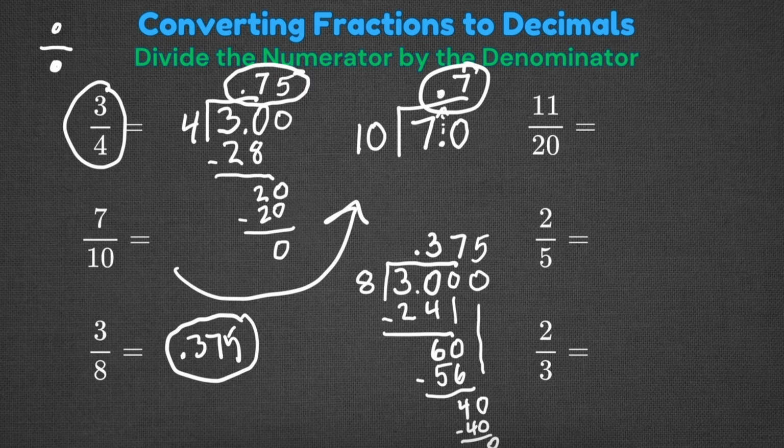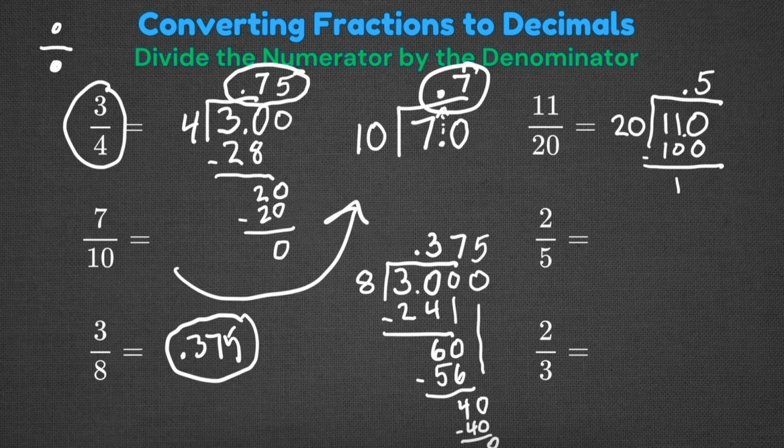11 over 20. You know what to do now. We're going to divide 11 by 20. 20 does not go into 11, so I'm going to put a decimal in there, put it up top, and now I know that 20 goes into 110 5 times. 5 times 20 is 100.